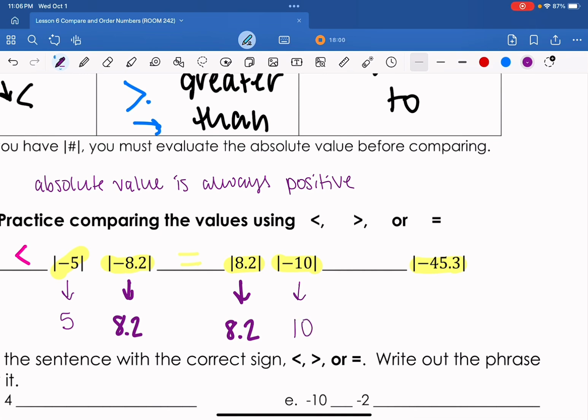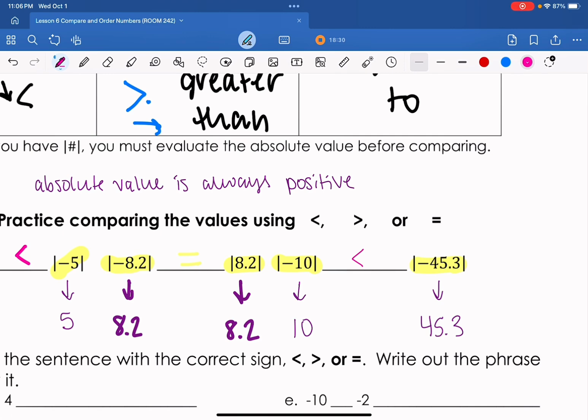To get to -45.3, I have to move 45.3 units, right? So really I'm comparing 10 to 45.3. And 10 is less than 45.3. Okay.